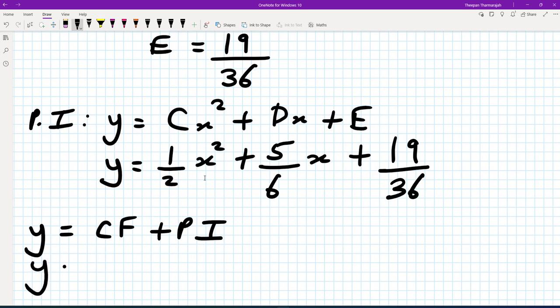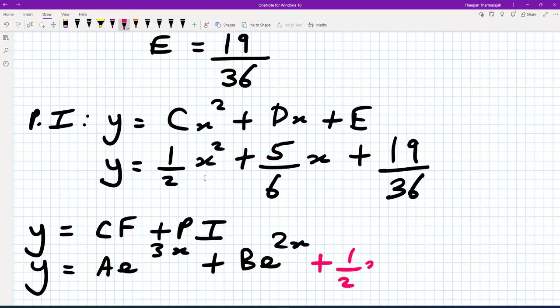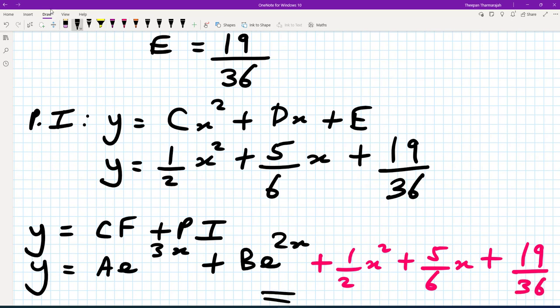So in our case, y equals a times e to the power 3x plus b times e to the power 2x, and I'm just going to write the particular integral in pink for legibility. So it's plus half x squared plus 5 over 6x plus 19 over 36 is my solution for the general solution.